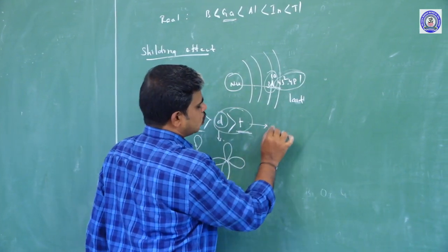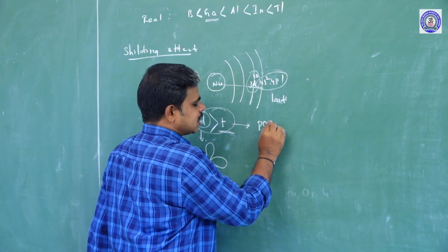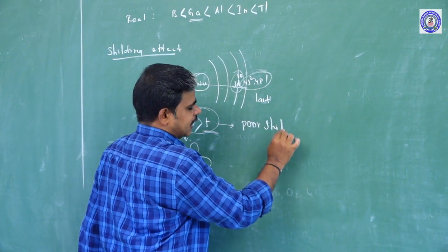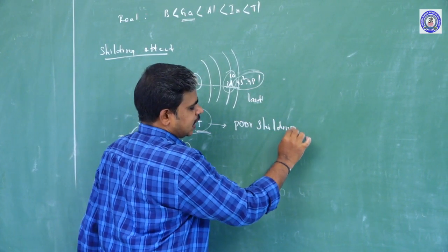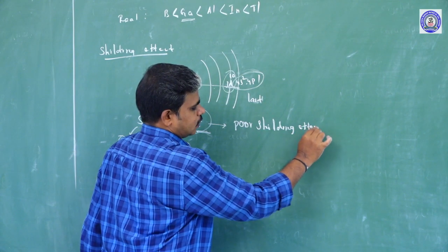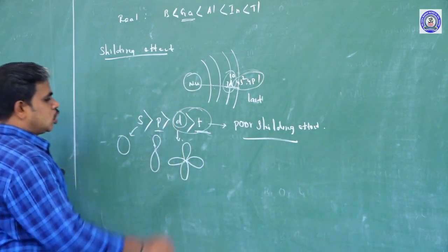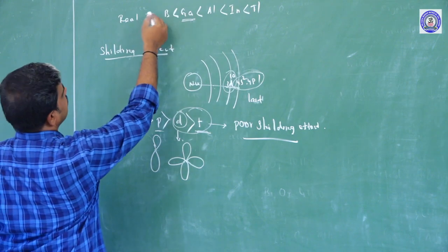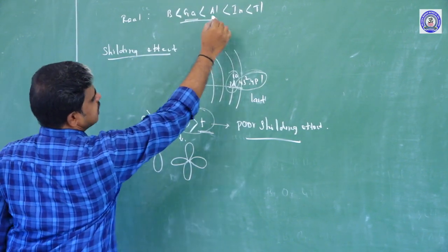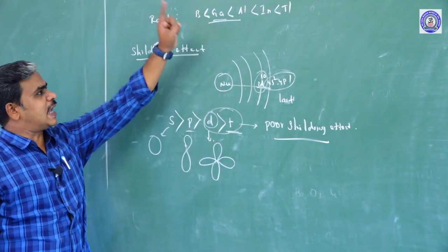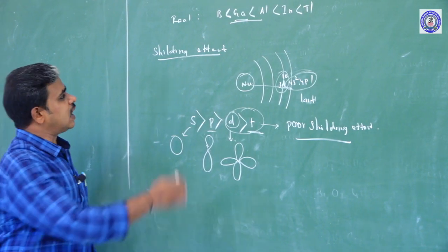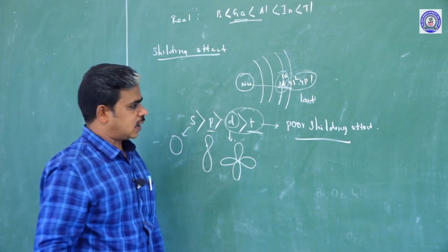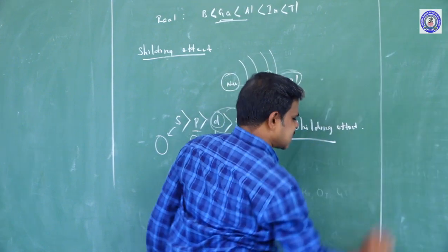So these two experience poor shielding effect. Due to poor shielding effect, the expected order is changed into the real one: gallium has a smaller size than aluminum. Okay, now we may take the next property.